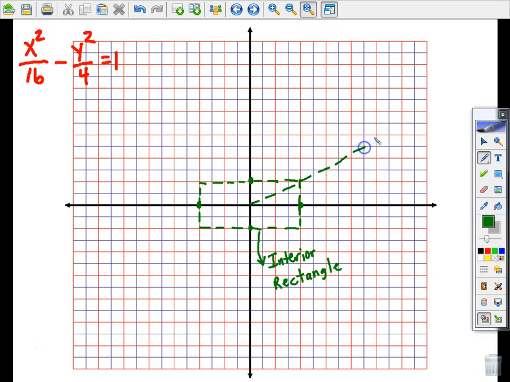Yours will be really straight. I'm just going to freehand mine. So we're going to draw one going this way, and we're basically just going to make an X. So line up the opposite corners and the origin, 3 points, and they should cross right at the origin.